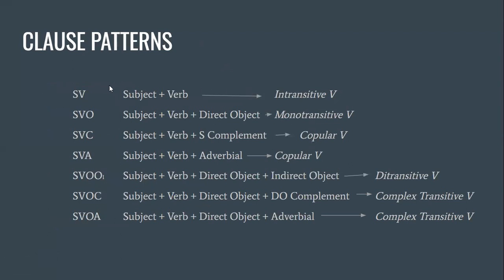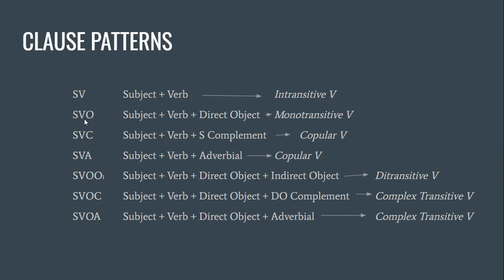Which are the clause patterns? We have to know that clause patterns depend on the verb and the type of verb that is inside the clause. For example, if we have a clause pattern which is SV, subject verb, we are going to have an intransitive verb, run, disappeared, for example.